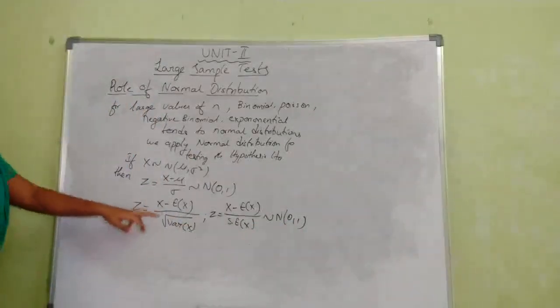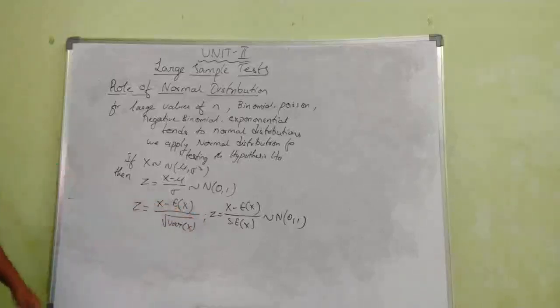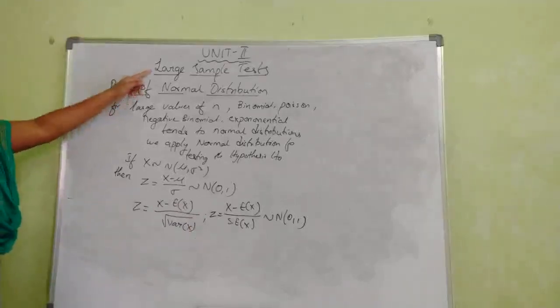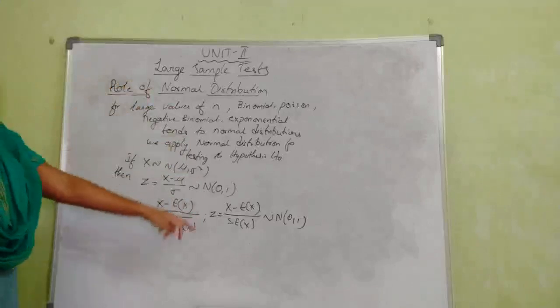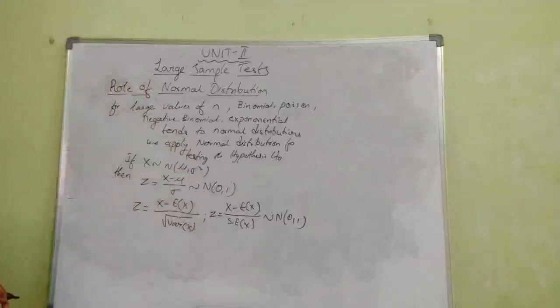So that's why this is the test statistic we are going to use in our test of significance for the large sample test, that is Z equals x minus expectation of x by standard error of x.